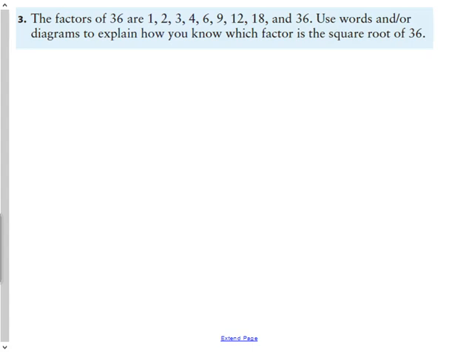Question 3 gives you the factors of 36 as being 1, 2, 3, 4, 6, 9, 12, 18, and 36, or 1 times 36, 2 times 18, 3 times 12, 4 times 9, and finally 6 times 6.